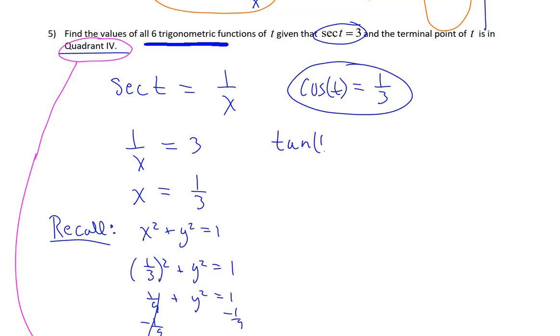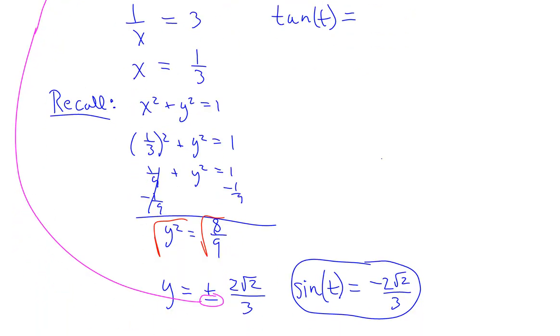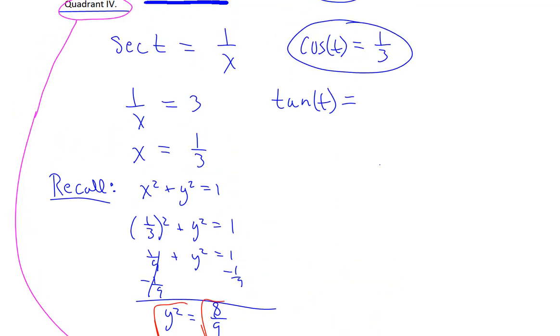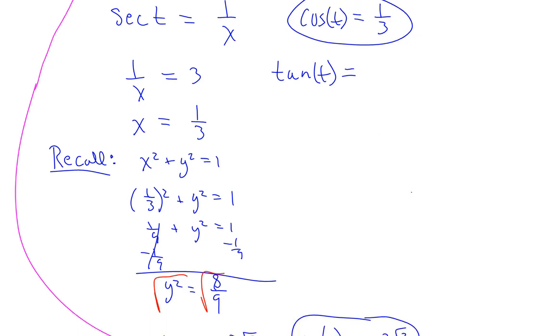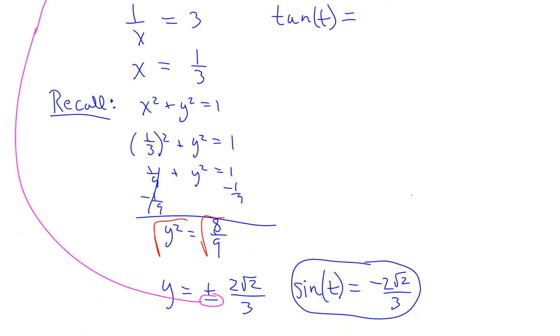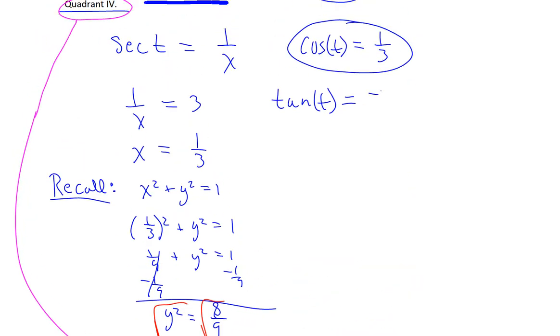Tangent of t, remember tangent is y over x, or sine over cosine. We have the y, we have the x, and so we can put these together. Tangent would be the value we had for y, which is negative 2 root 2 over 3. That's our y value, over x, which is 1/3. Of course, now we have a complex fraction to reduce, so we'll flip the denominator upside down and multiply.